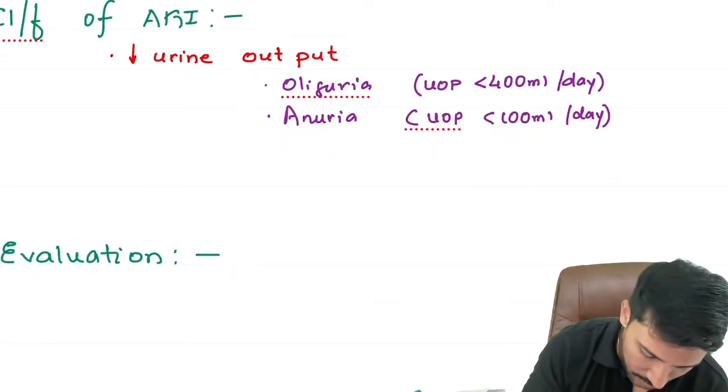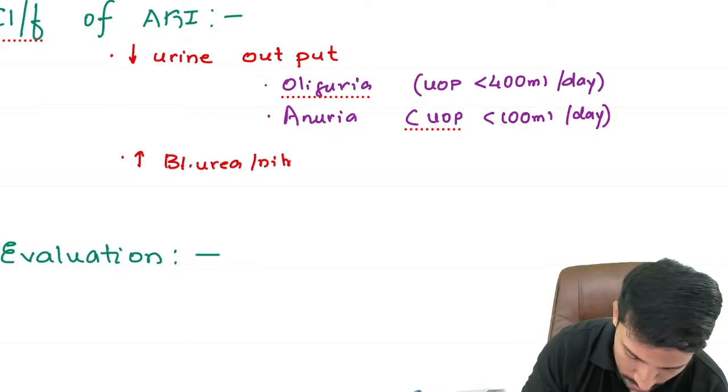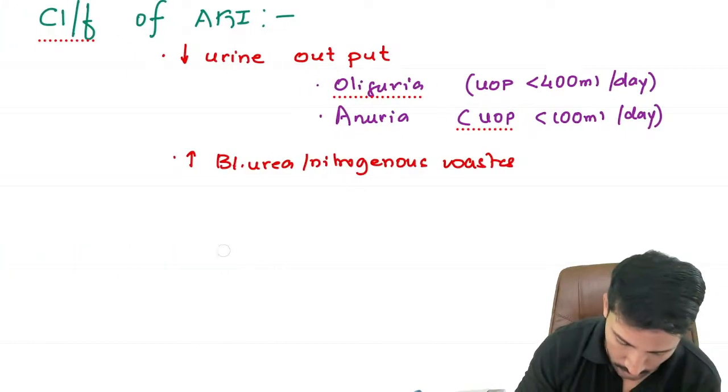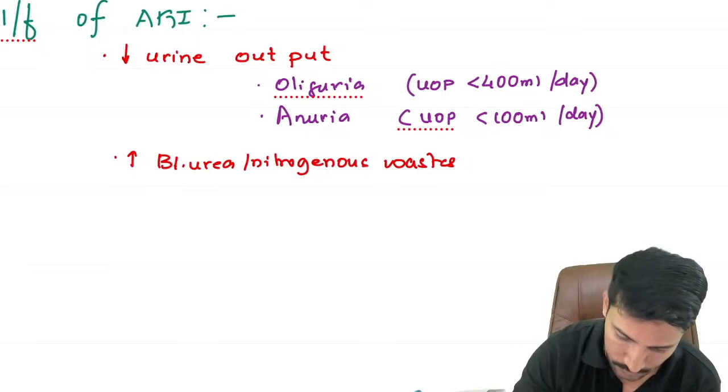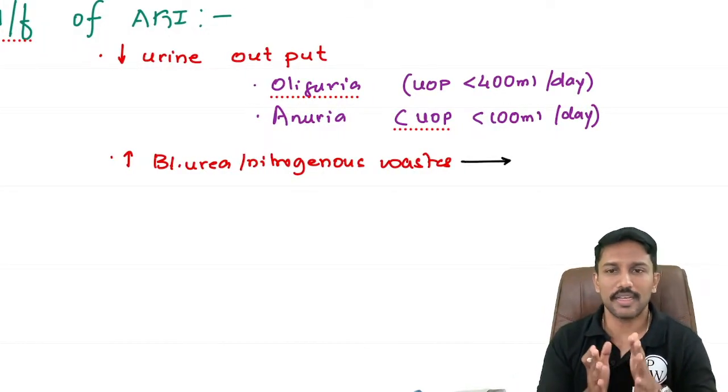Okay. Second thing, patients can have increased blood urea and other nitrogenous waste, and they will lead to certain symptoms, right? What symptoms are we expecting when the blood urea level increases? Urea is an osmotically active substance.